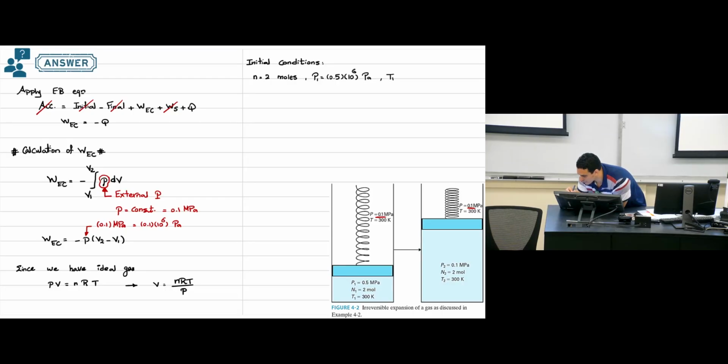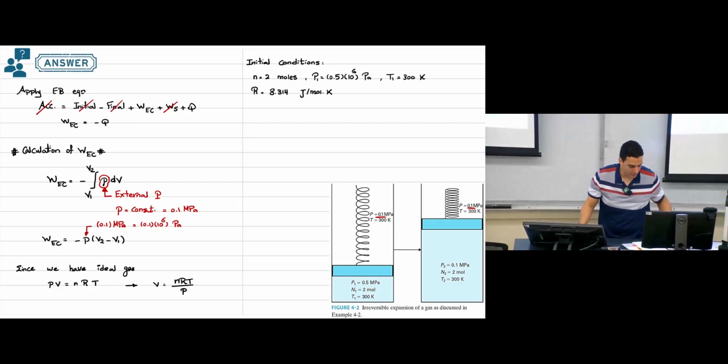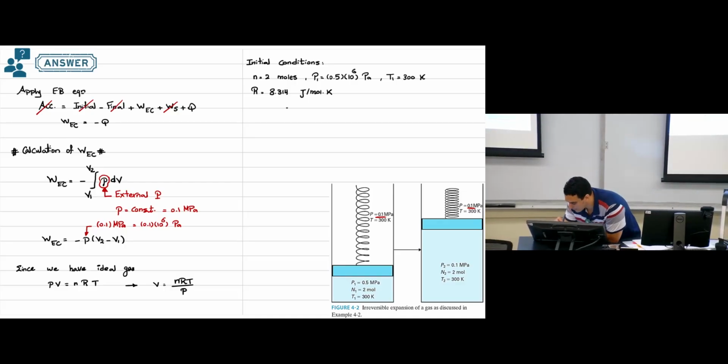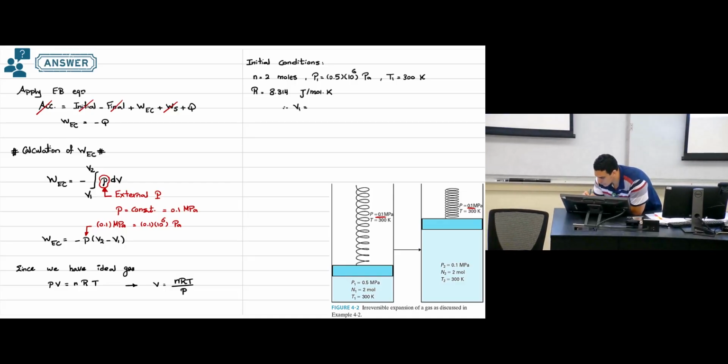The temperature is 300 Kelvin. We have R, the ideal gas constant. Here I will take the one in the SI system, 8.314 joule per mole Kelvin. So substitute in the equation, and then you will have V1 will be 0.01 meter cube.